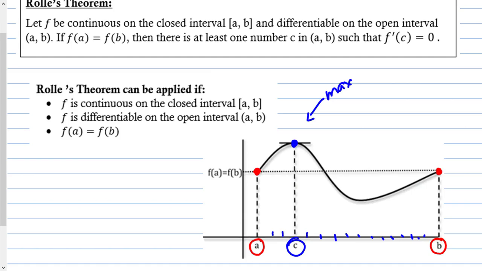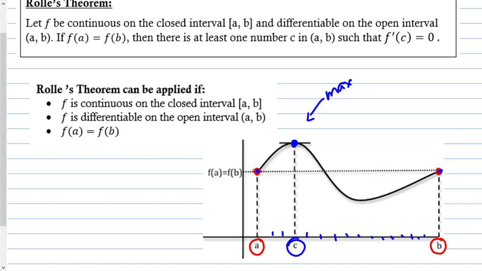Okay, now, why is this significant? Because the slope is the same slope as if we were to find the slope between f of a and f of b. From this point to this point, the slope is just a horizontal line, and that has a slope of 0. So at C, we also have a slope of 0.